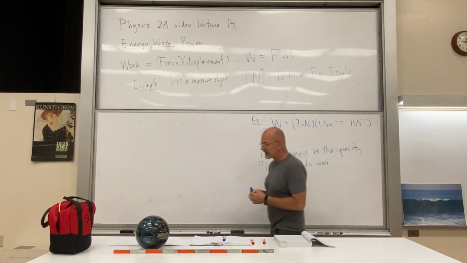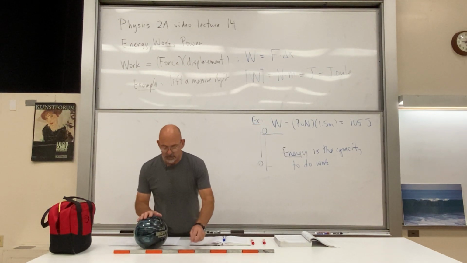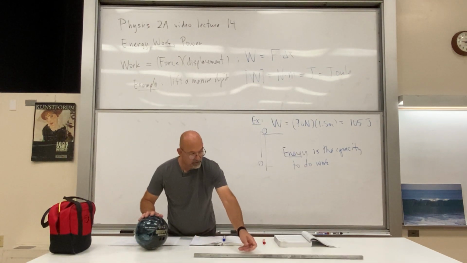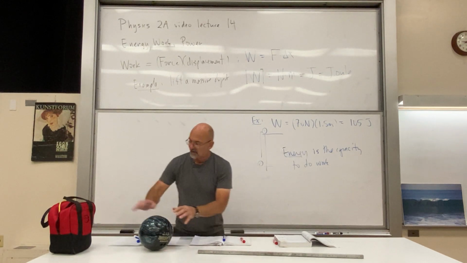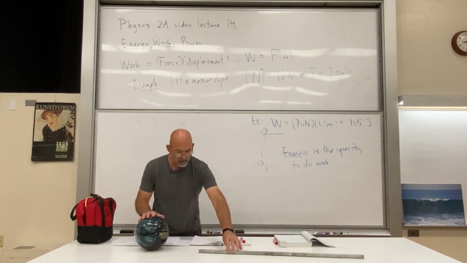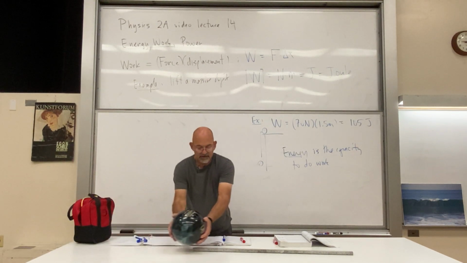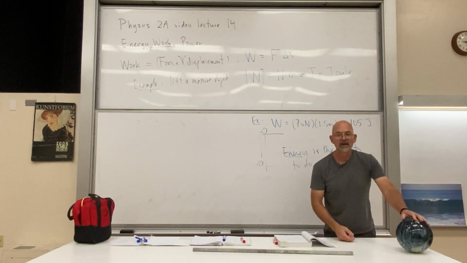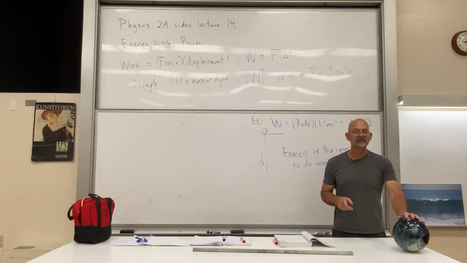Now the next point has to be made, and I like to demonstrate it this way. So this table here is 1, 2, just under 2.5 meters. And I can now lift this ball and carry it across the table horizontally and then drop it down there. And one might think I just did 70 newtons times 2.5 meters of work.